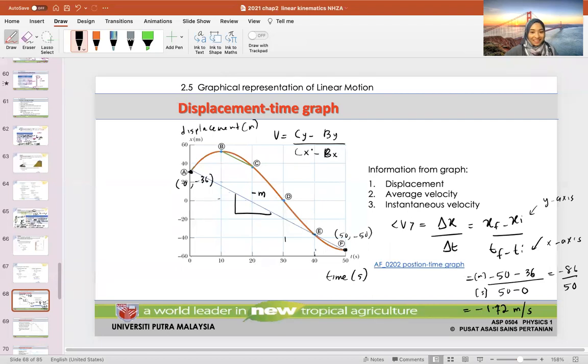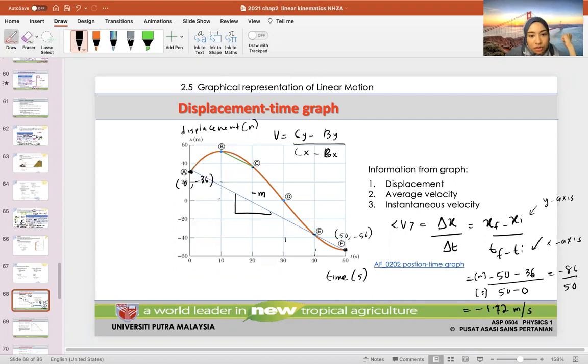Saya pun confused. Basically it's delta Y over delta X, or in this case delta X over delta time. This confuses me. Basically it's the change in the Y-axis over the change in the X-axis, or the change in displacement over the change in time, but from point B to C sahaja, bukan daripada A to F. This gives you the instantaneous velocity.